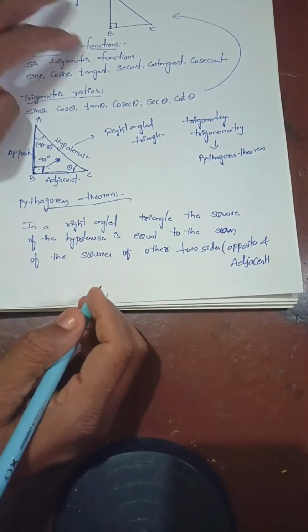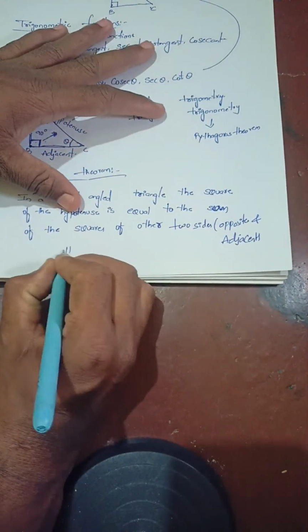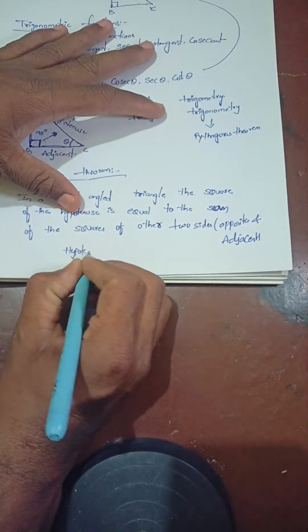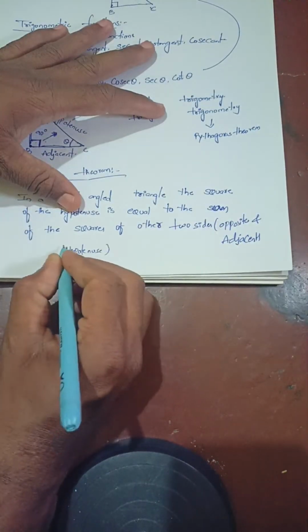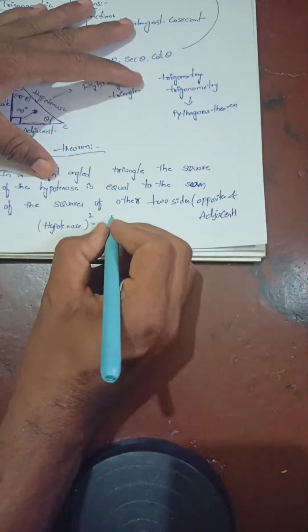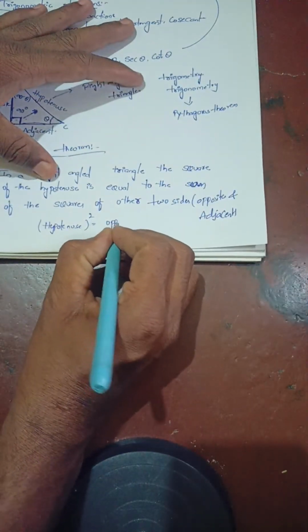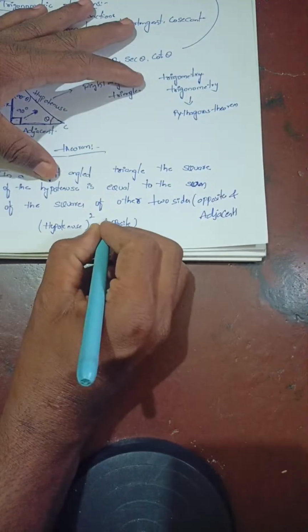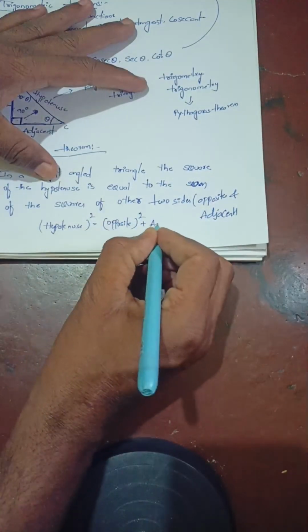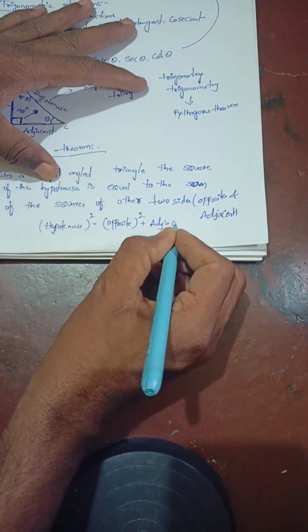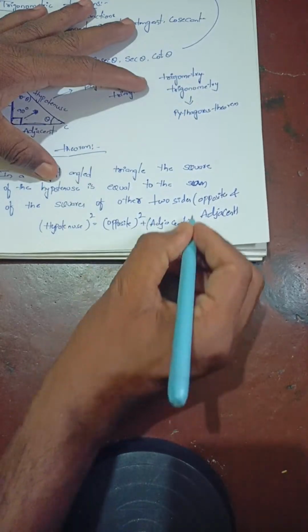So generally we'll write this as: hypotenuse whole square is equal to opposite whole square plus adjacent whole square.